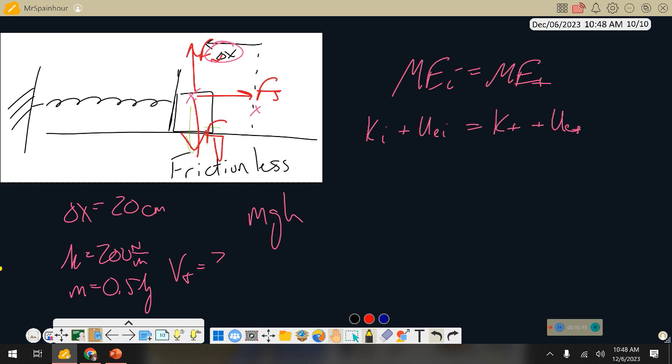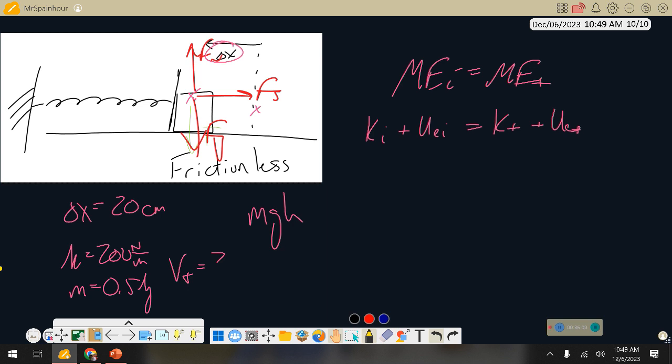Height's not changing. Does it have gravitational energy? Don't care. It doesn't matter if it's on the floor versus on the table. If gravitational energy isn't changing, what are those numbers doing to each other? Canceling each other out. So here's my setup.